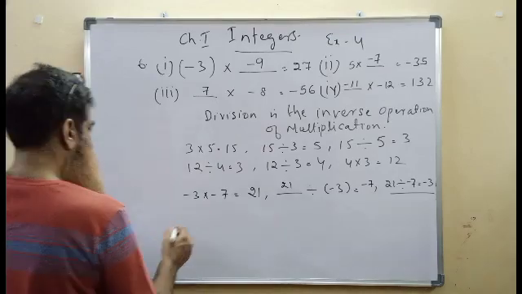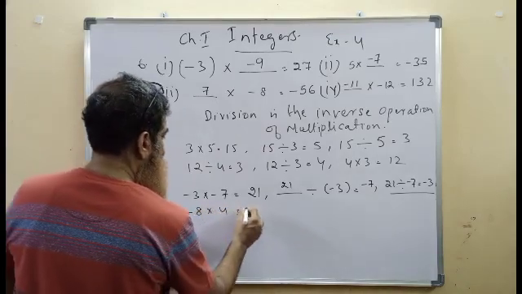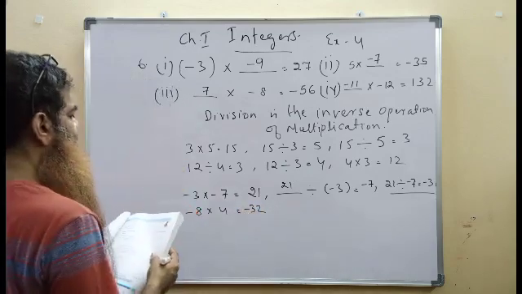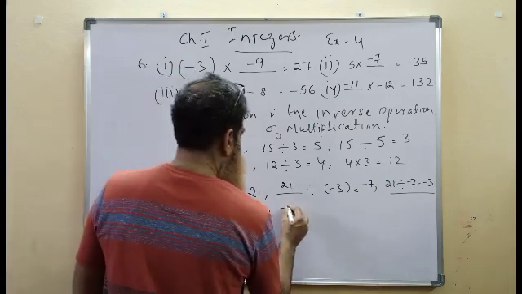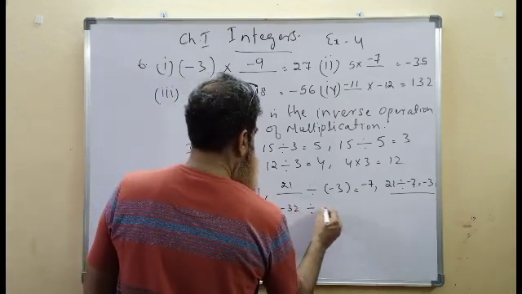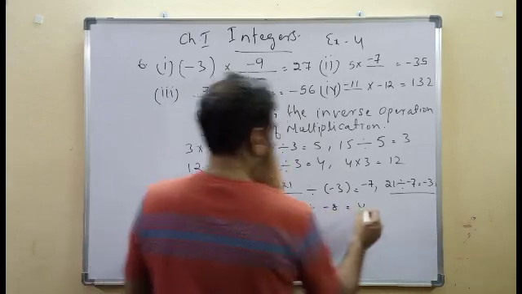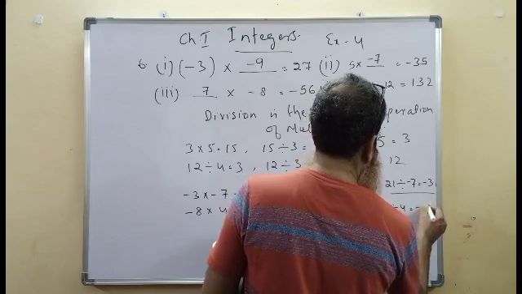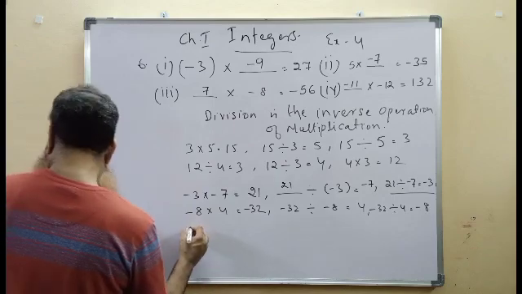Now minus 8 multiplied by 4, 8 4s are 32, but one of the integers multiplied here is a negative integer, so we get the result as minus 32. Minus 32 divided by minus 8 is equal to 4, and minus 32 divided by 4 is equal to minus 8.